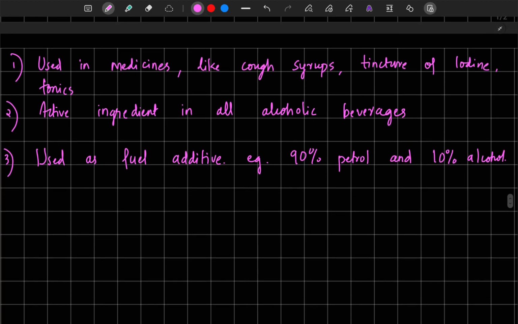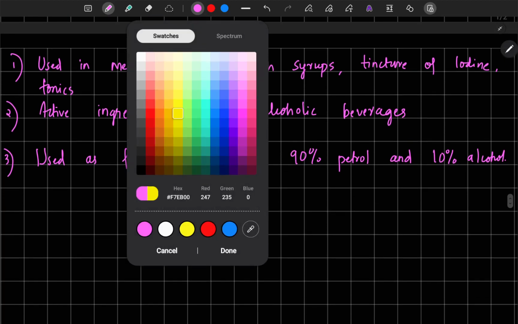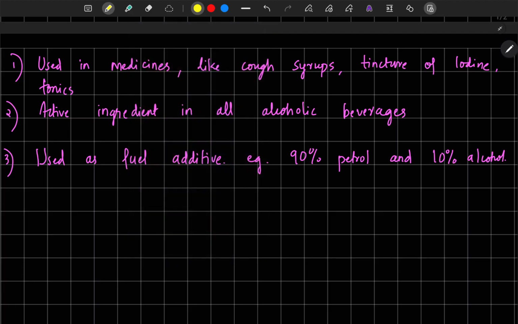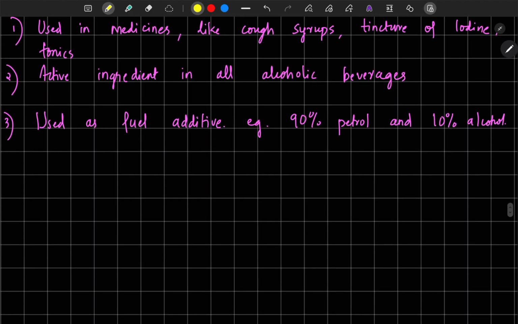Now we also need to understand one more term. This alcohol is sometimes misused by people. They can take it or sell it in other places, or some people might even drink it. So there is a problem. Ethanol is mostly present in industries and chemical labs.